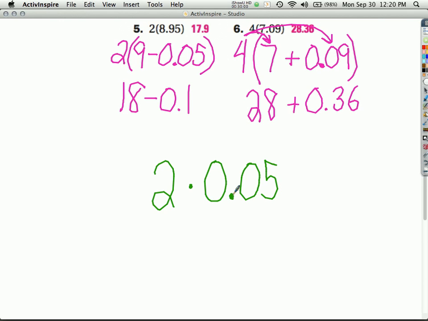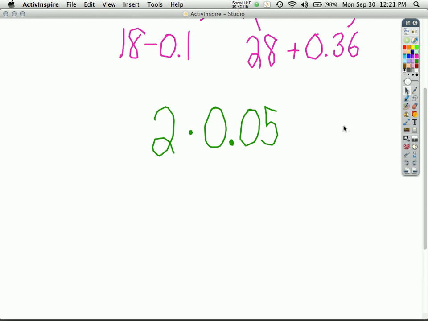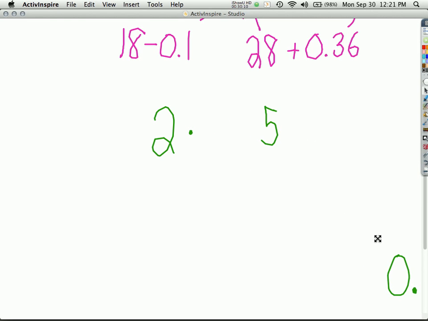So now watch how this works. Everyone in this room can do this. There's not a single person in the room that doesn't know 2 times 5 is 10. If you know that 2 times 5 is 10, then you can do 2 times 0.05.